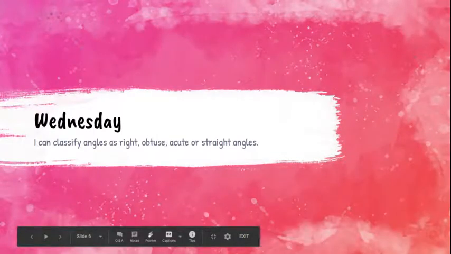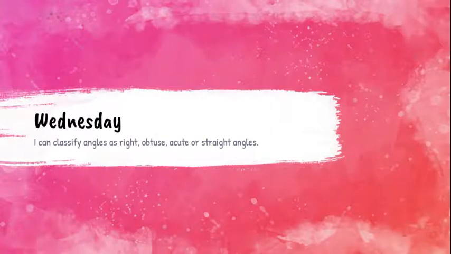Today's lesson is going to be all about classifying angles, which means we're just going to recognize angles as either right angles, obtuse angles, or acute angles and a straight angle. So we're going to be looking at right, obtuse, acute, and straight angles. Those four different types. We're going to be able to classify them, which means sort them out, figure out what's what.